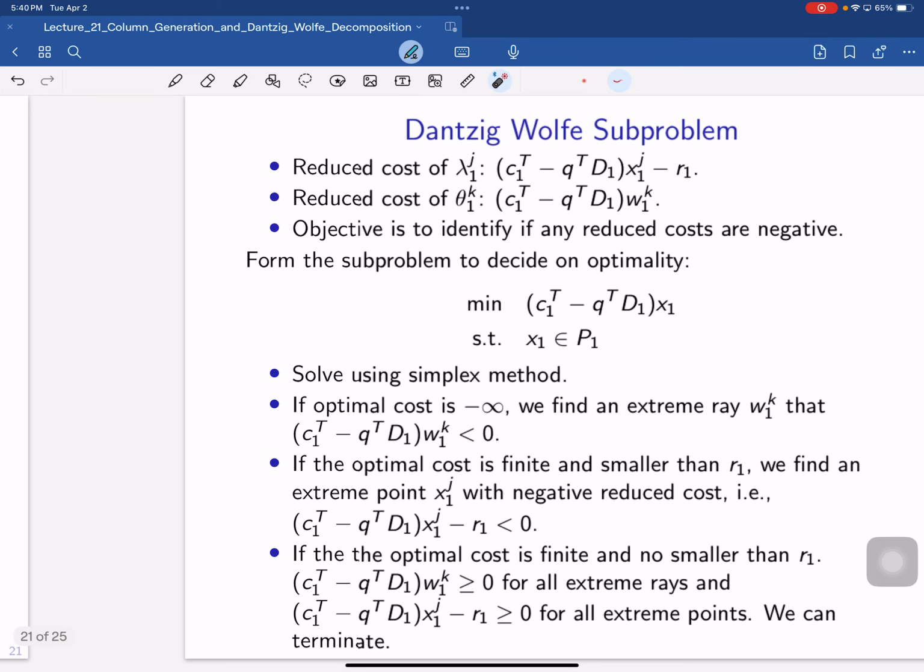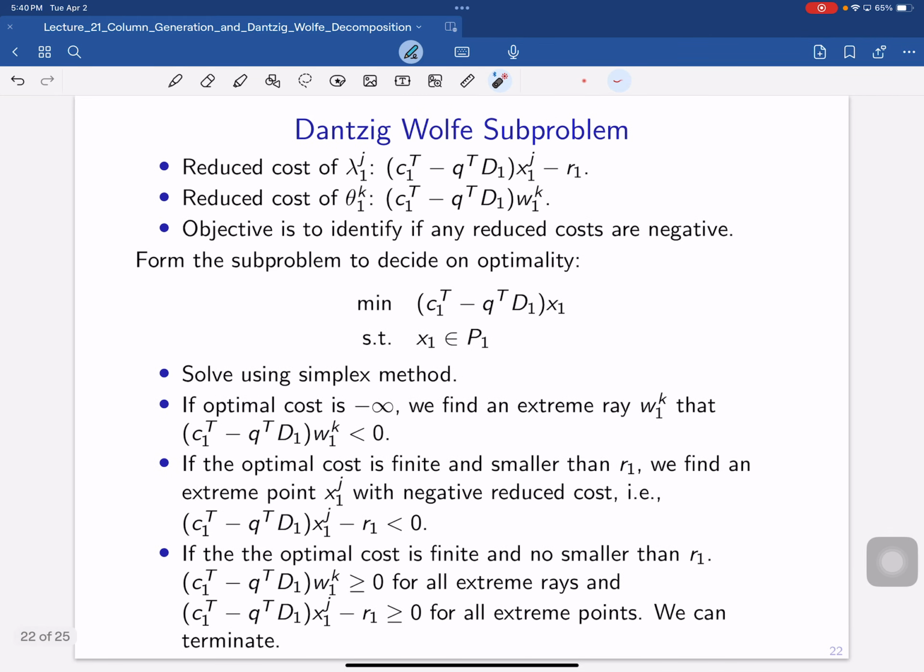Recall that all those variables are generated from the polyhedral sets P1 and P2. So you are going to generate a column from the polyhedral sets P1 and P2, and you can check the details here with regard to the original formulation.